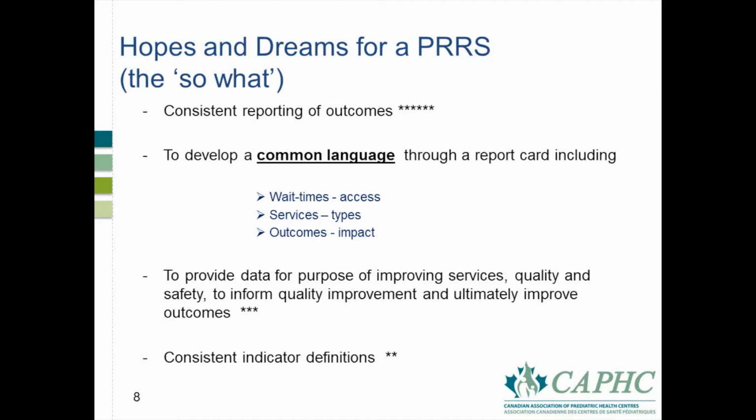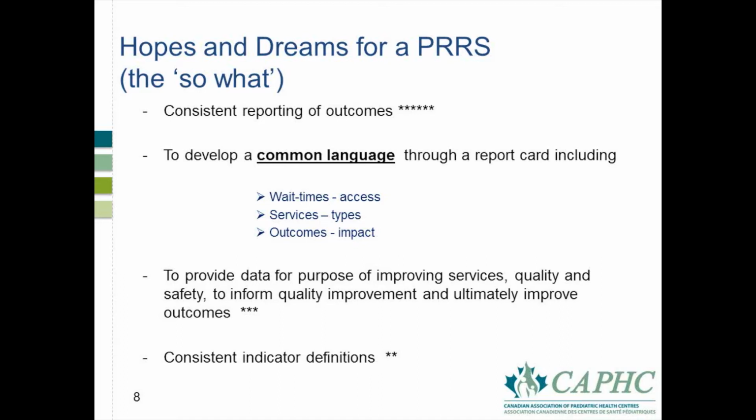So wait times, that addresses the access issue in the quality dimensions. Services, what types of services are children getting, what intensity of services, and then outcomes, what is the impact of the services. I think one of the most important things that came out of this is that there was still a commitment to have this national data set for the purposes of improving services, improving quality and safety.